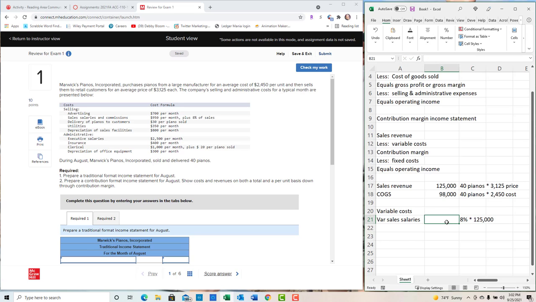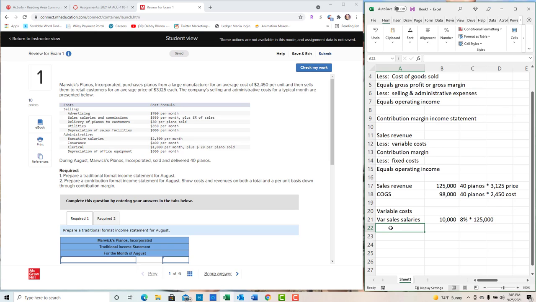So to do that, to calculate our variable sales salaries, I'm going to take 0.08, multiply that by 125,000. I could also click on the cell B17, but this is not a lesson in Excel. I'm just showing you how to do the calculations. So the variable part of our sales salaries is going to be $10,000.